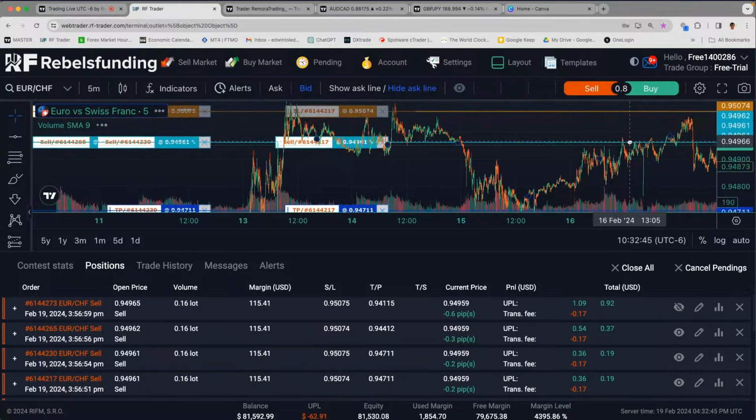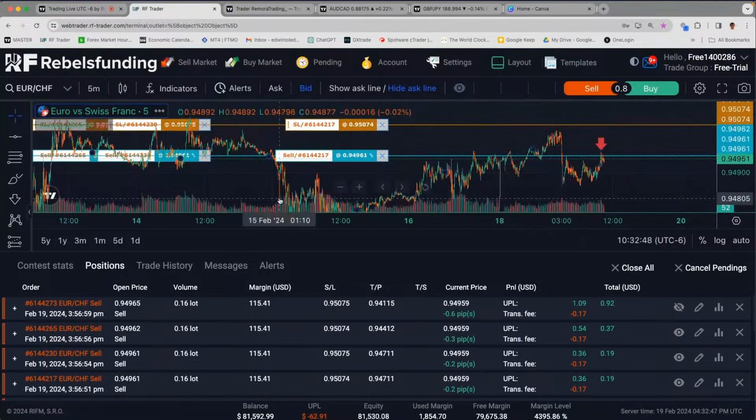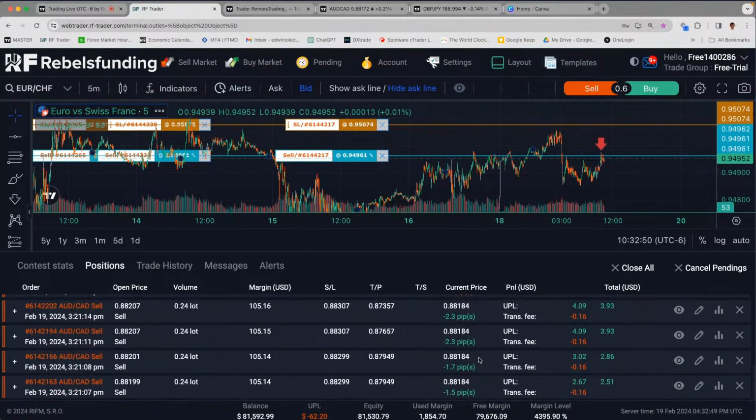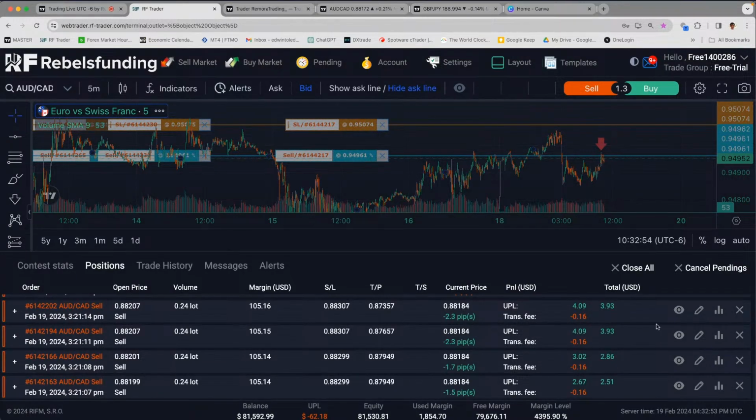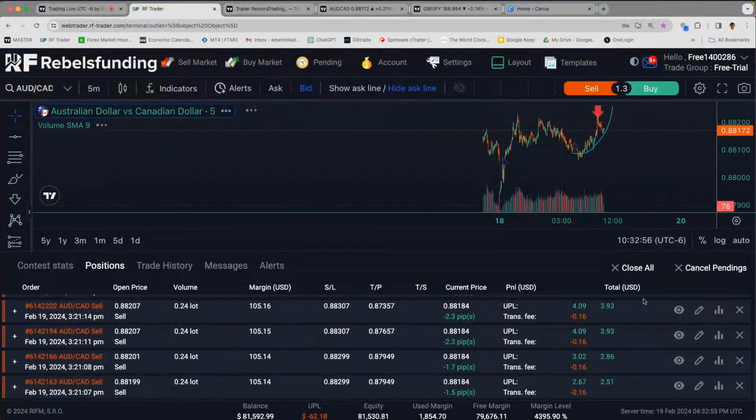I think both entries have good stop loss. Let's see what the future holds on a USD cut.